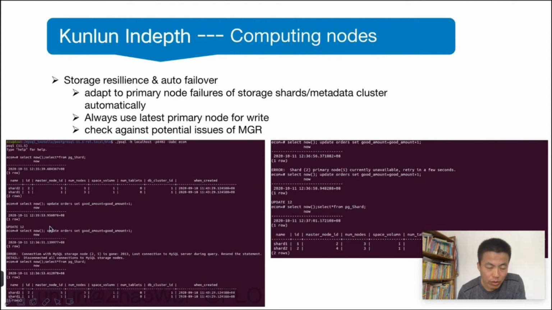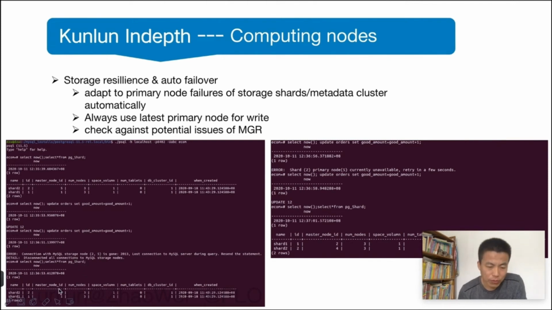And then we kill the primary nodes of the two shards in another session, and then we do the update statement again. This time we fail because of this error, because the connection between the computing node and the primary nodes broke, so the statement fails.